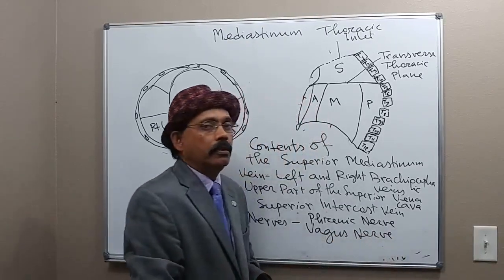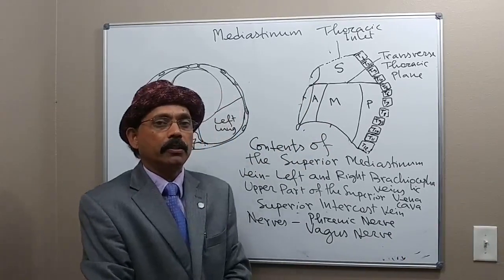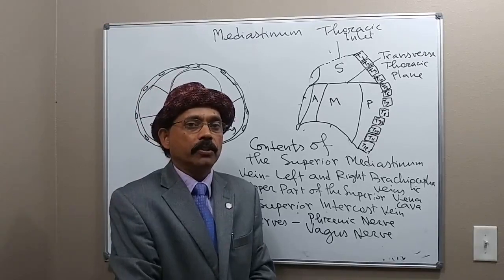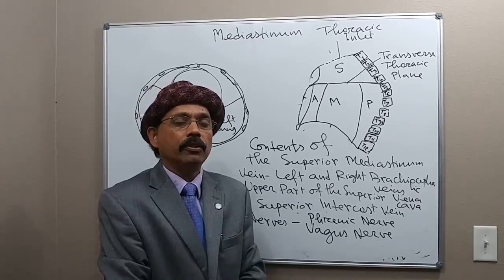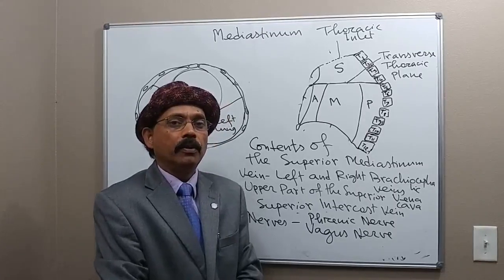That is the 10th cranial nerve that comes out of the medulla oblongata, content of carotid sheath in the neck. Then it is a content of superior mediastinum, content of posterior mediastinum.